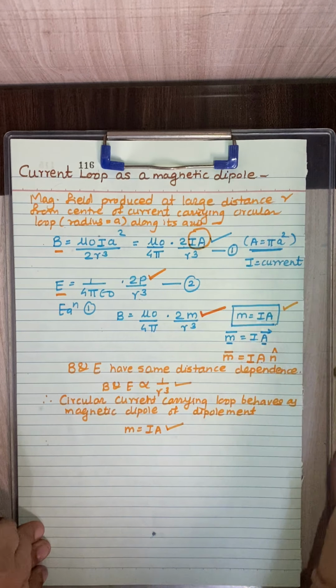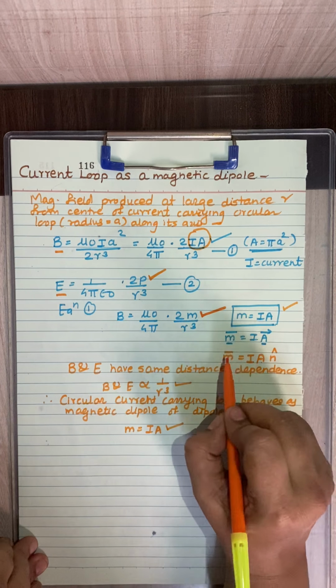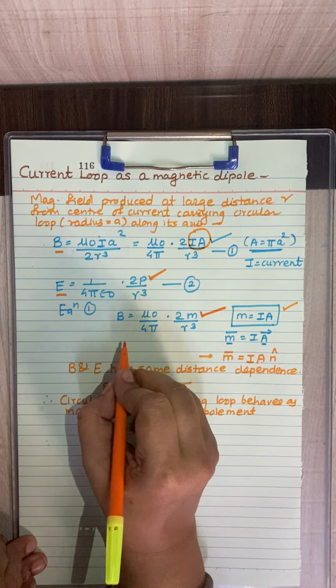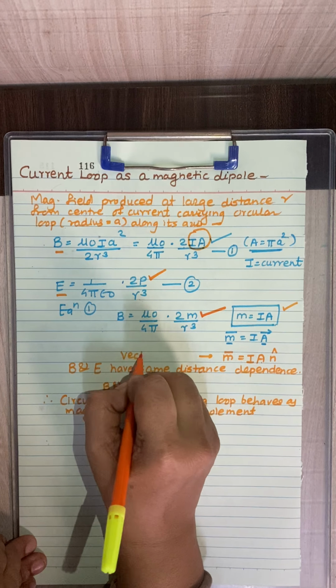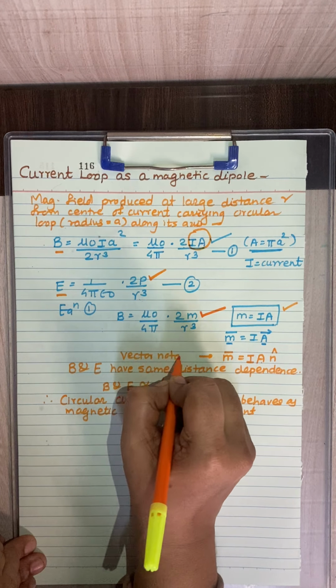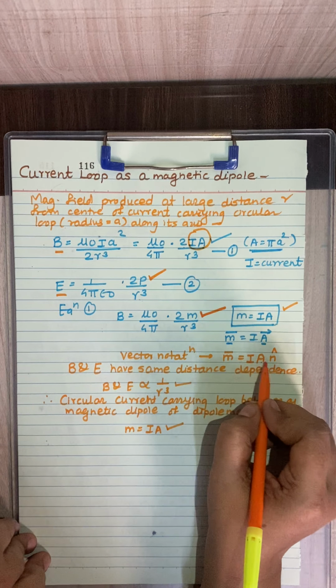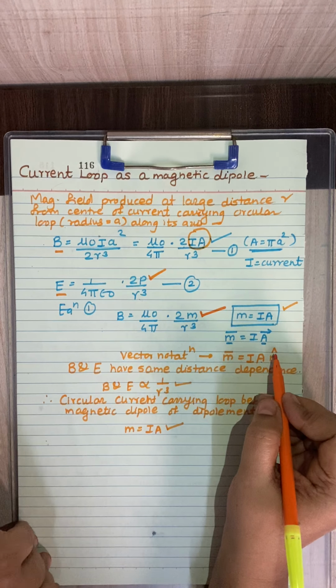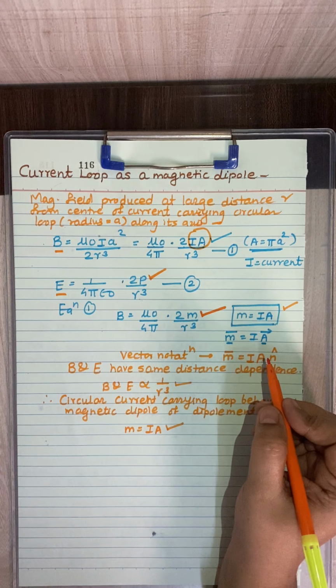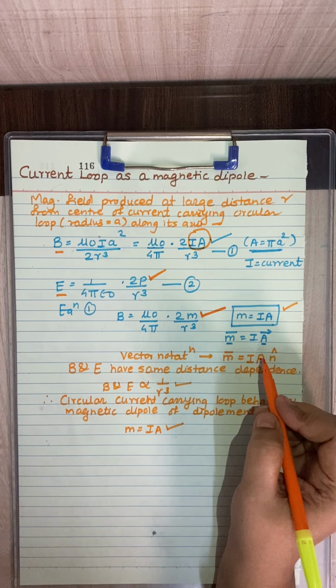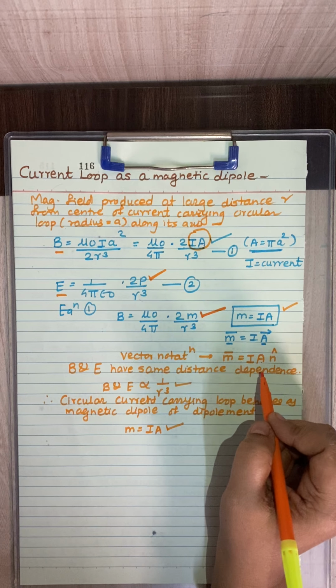Here also we have written m is equal to IA, and this is called the vector notation of the magnetic moment. So I will write here the vector notation of magnetic moment is vector M is equal to I A n cap. Okay, this result is valid for the planar current loop, any planar current loop of any shape.